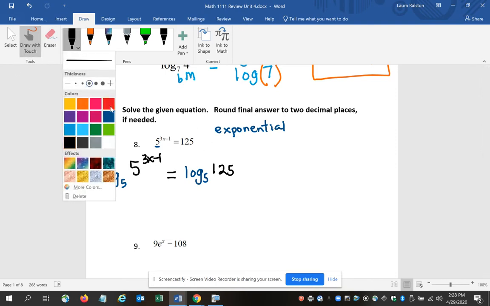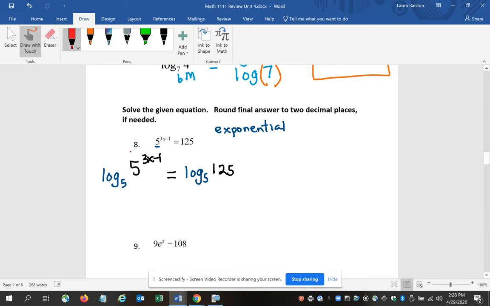The benefit of that, remember, is that a logarithm and an exponential of the same base cancel one another off. So I have 3x minus 1, and that equals log base 5 of 125.